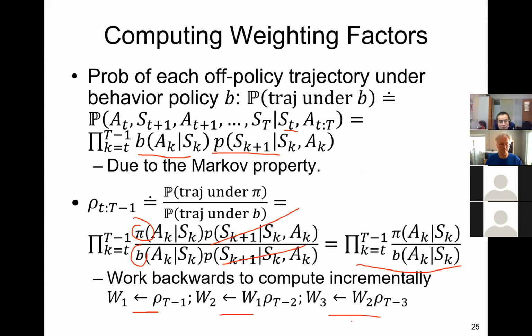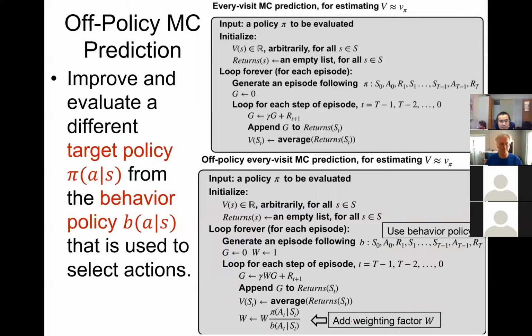So having the weighting factors, we can do off policy prediction. Remember the MC prediction with Monte Carlo sampling: we simply generate episodes and average the returns for a particular state to get its expected value function.